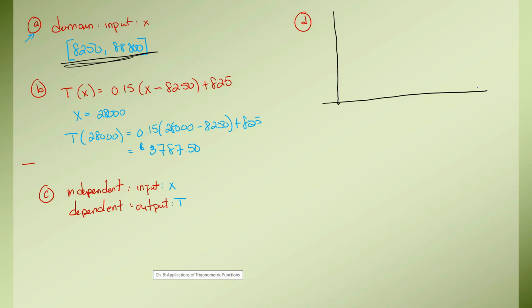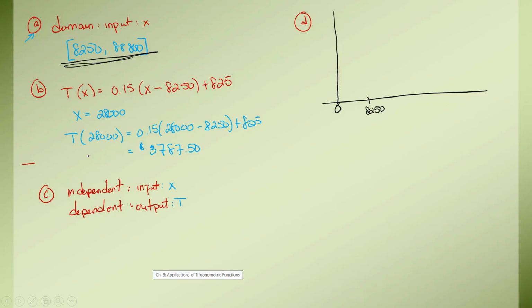And I am going to not have this totally to scale. Yes, I know this is 0. But somewhere over here is 8,250, and somewhere over here is that 88,800.